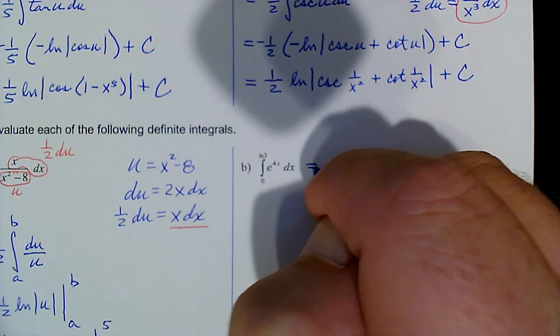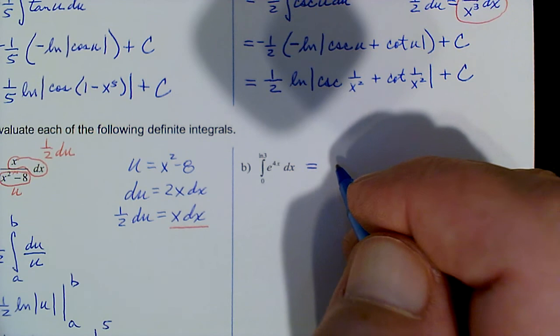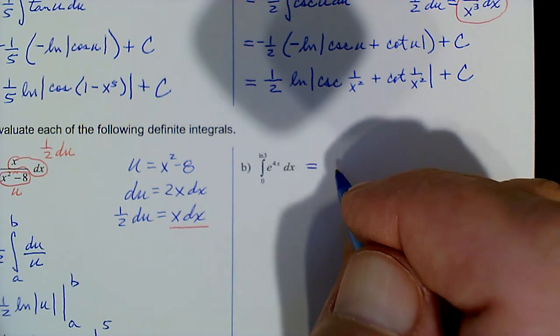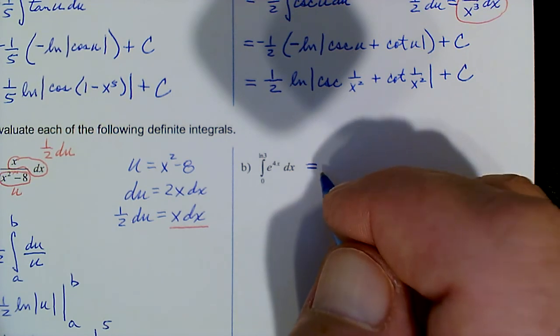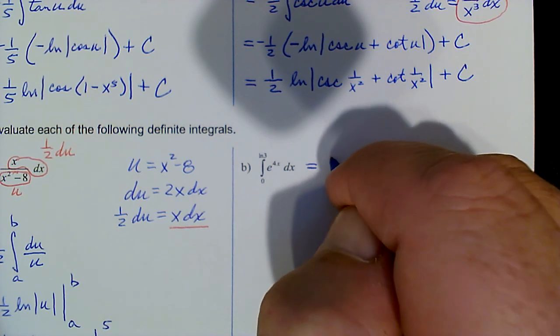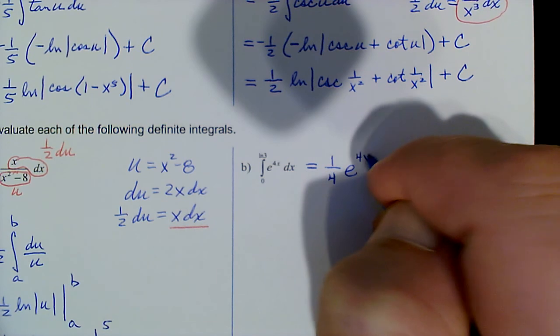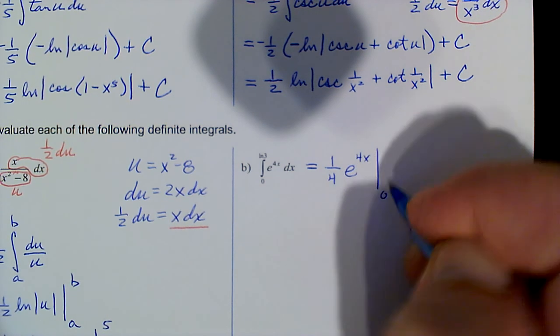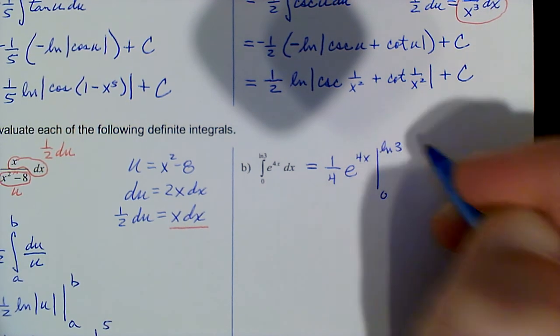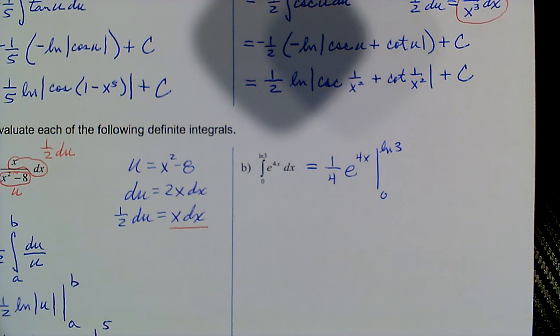One thing is it's an important formula, but then you'll see what else in a moment. First off, the integration of e to the 4x, 1 over 4 e to the 4x, and now we could say we're going from 0 to the natural log of 3 because those are the limits of integration in terms of x, and we're still in terms of x.